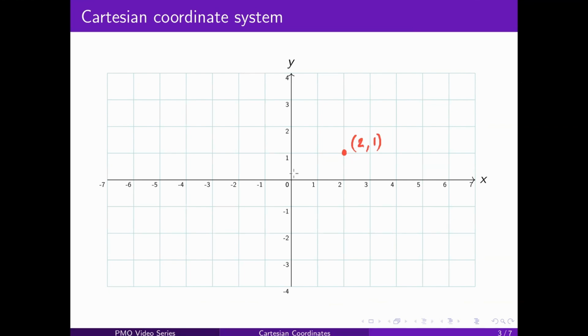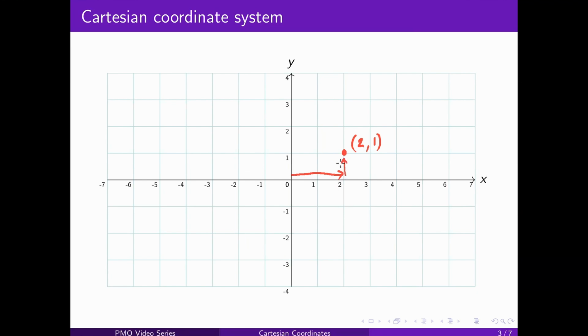The x coordinate is the number of units you would travel along the x-axis, which is this horizontal line. And the second number is the number of units you travel along the y-axis, which is this vertical line. So you move 2 units right and 1 unit up.